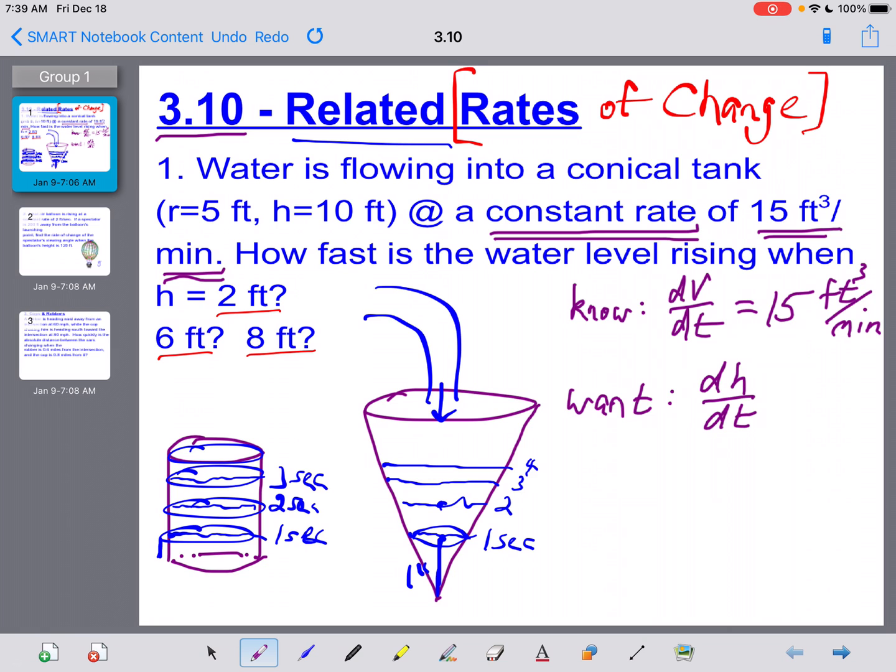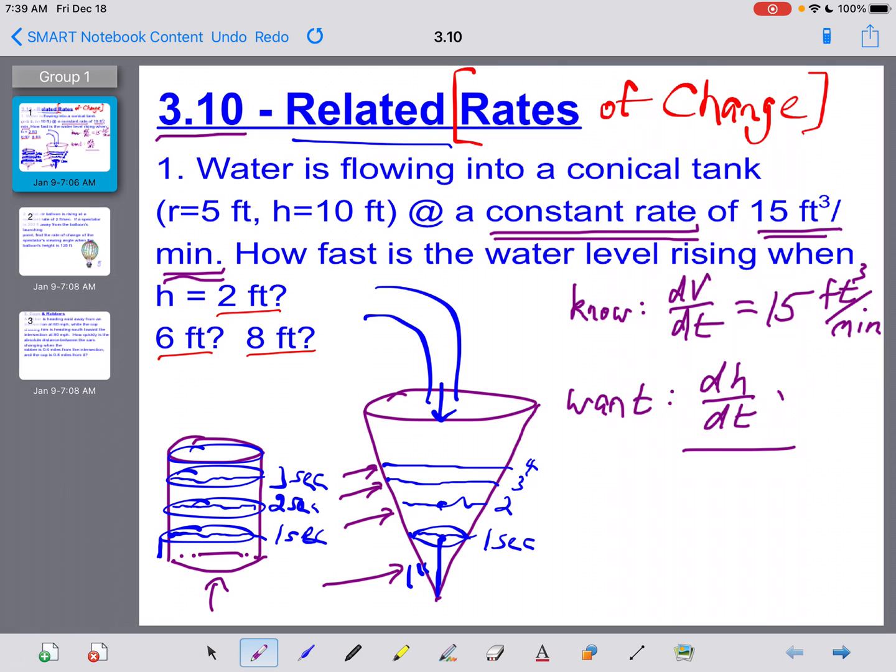But I've got to warn you that the way I have this written right now isn't really accurate. And the reason why is because, and I think I can tell from the way the question was worded, this quantity right here, the derivative of height with respect to time, is not constant. We just got done saying that at the bottom, as you're filling this up, the height level is going to rise very quickly. But as you get higher up, the rate at which your height is increasing slows down, unlike a cylinder where that was always going to be the same.